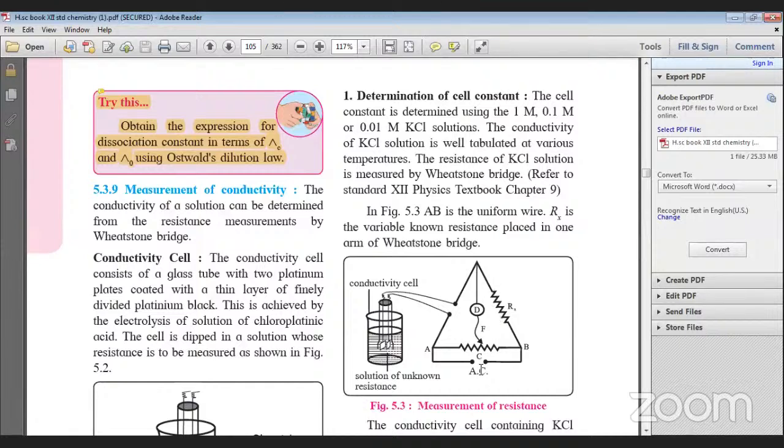AB in the Wheatstone bridge is a uniform wire, where Rx is a variable known resistance. This is variable, but it is a known resistance, which is placed in one arm, meaning one side of the Wheatstone bridge. So A to B is a uniform wire, and on one side our variable resistance is present on the right hand side, and on the left hand side, on the other side of the Wheatstone bridge, the conductivity cell is there.